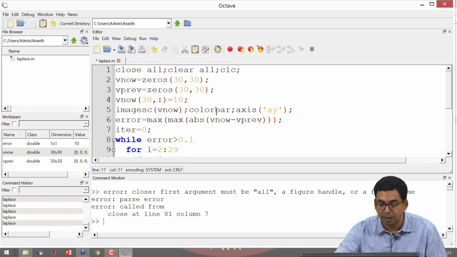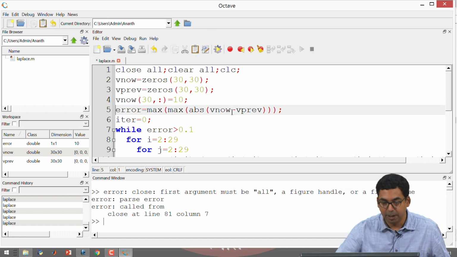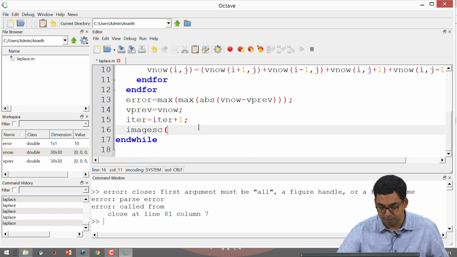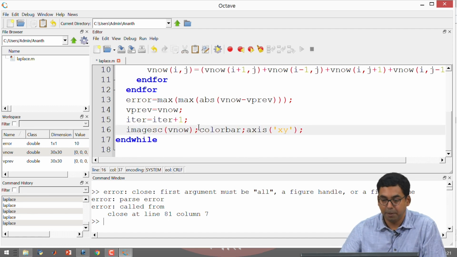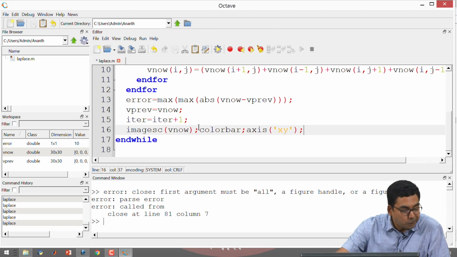So, this is the command that we have over here. I am going to cut this, I do not need it there, right, and I am going to simply paste it over here. Okay. I am going to run this once.